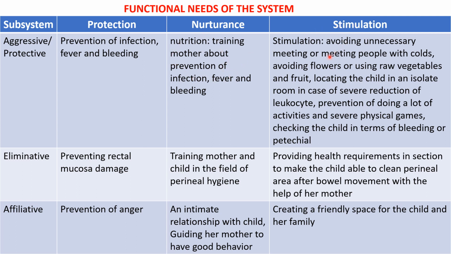The stimulation is by avoiding unnecessary meeting with people with cold, avoiding flowers or using raw vegetables and fruits, isolating the child, then prevention of doing a lot of activities and severe physical games, checking the child in terms of bleeding and fatigue. So these are all the functional needs of the system. So when we are planning the nurse's action, we have to see the structural needs and the functional needs of the system.